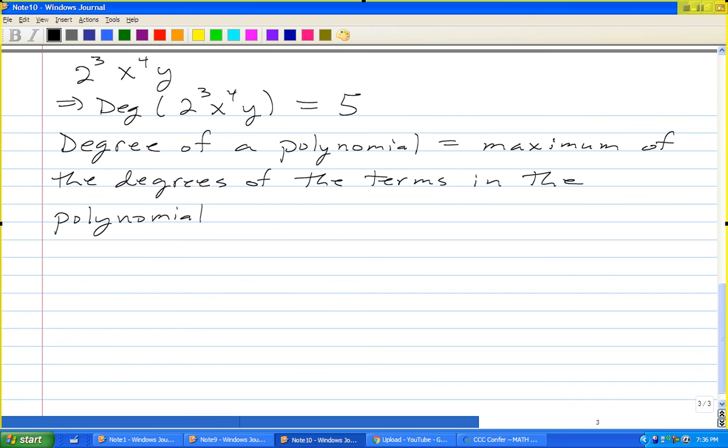So let's do an example. Say the polynomial is 18x squared plus 14x y cubed minus 23x squared y.